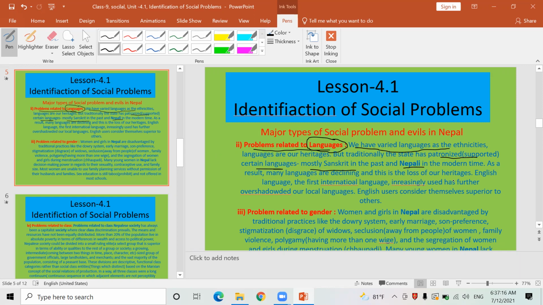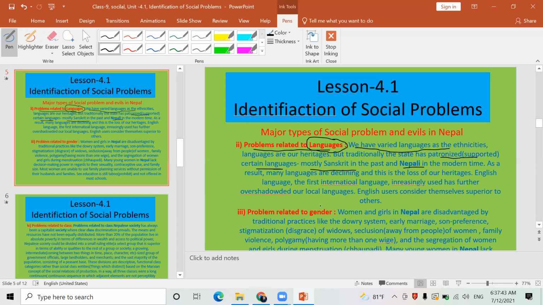Therefore, the government has to protect them. Keeping this fact in mind, the Nepal government has declared Nepal a secular country, and nowadays the government has been allocating budget for developing every culture, caste and community. As a result, nowadays, to some extent, these languages have got some support from the Nepal government.